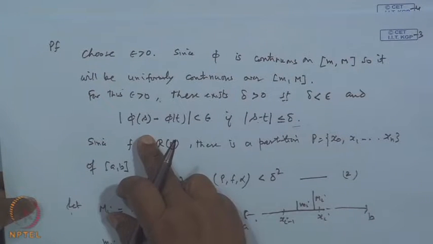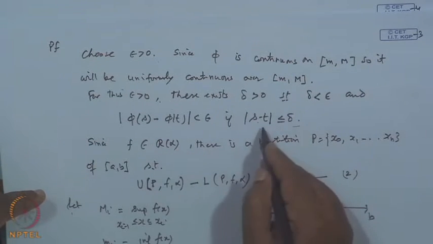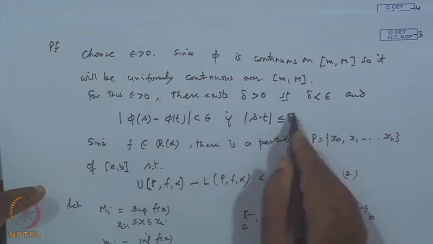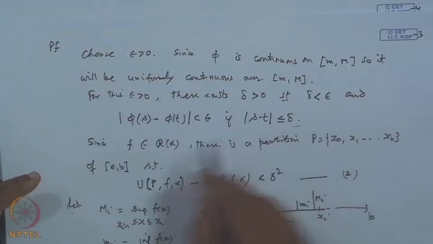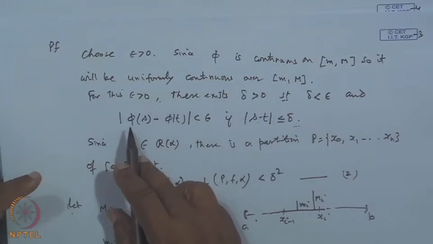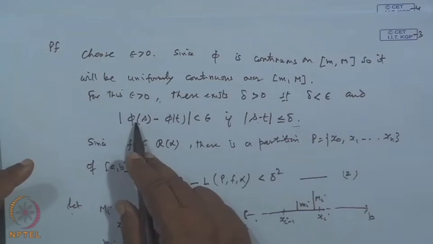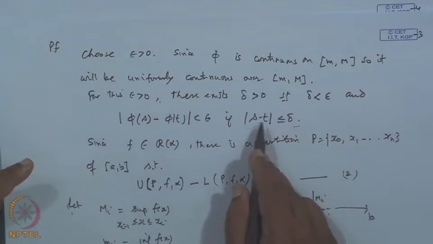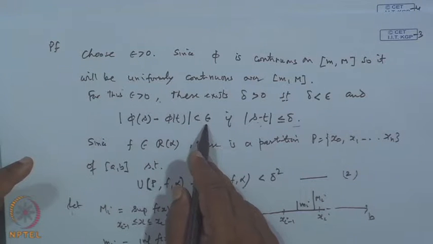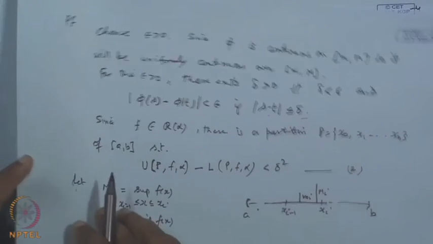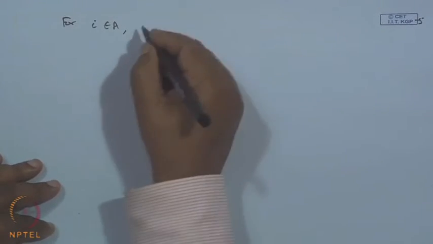Phi is uniformly continuous, so if I belongs to A, it satisfies this condition. Because h or phi is defined on this interval, the difference M_i star minus small m_i star must be less than epsilon.